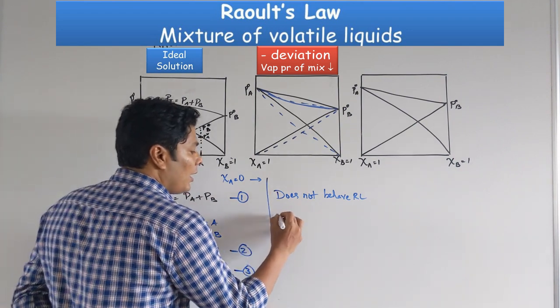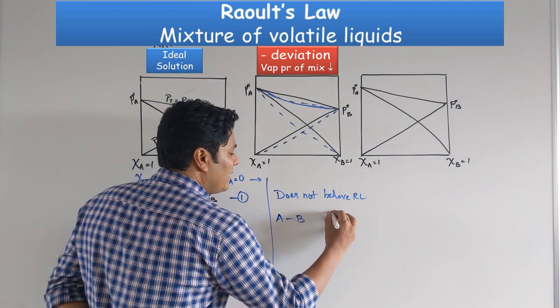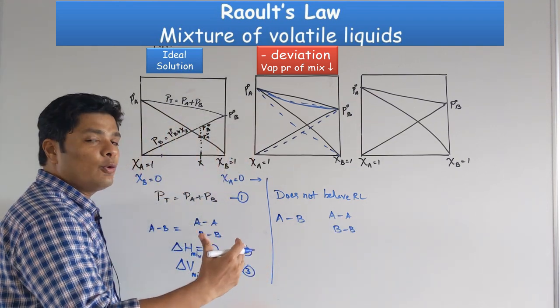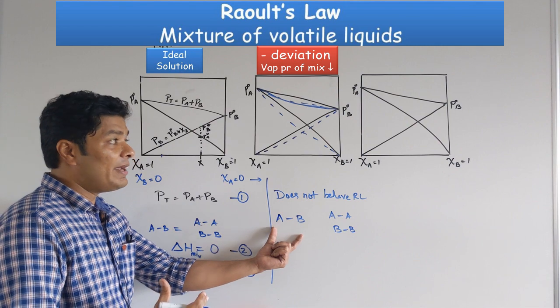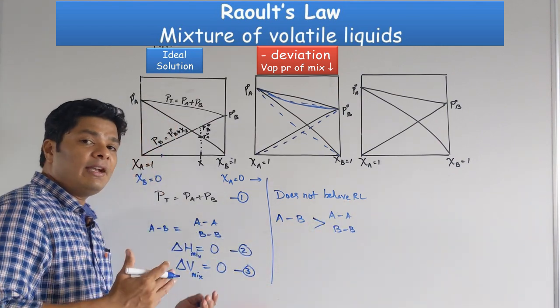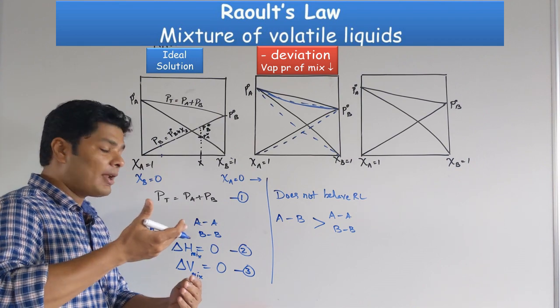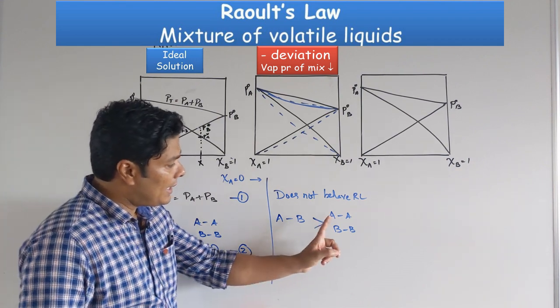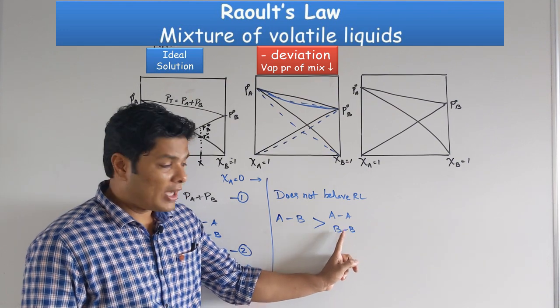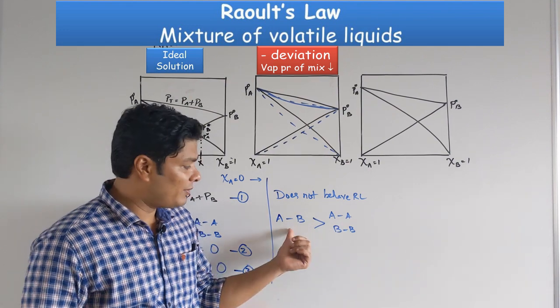Second thing is AB interaction versus AA-BB interaction. So, AA and BB used to interact, but I just told you A and B interact even better. So, AB interaction is greater. So, if they interact more, meaning AA interaction is weaker, BB interaction is weaker. So, I need to break these interactions and form this interaction.